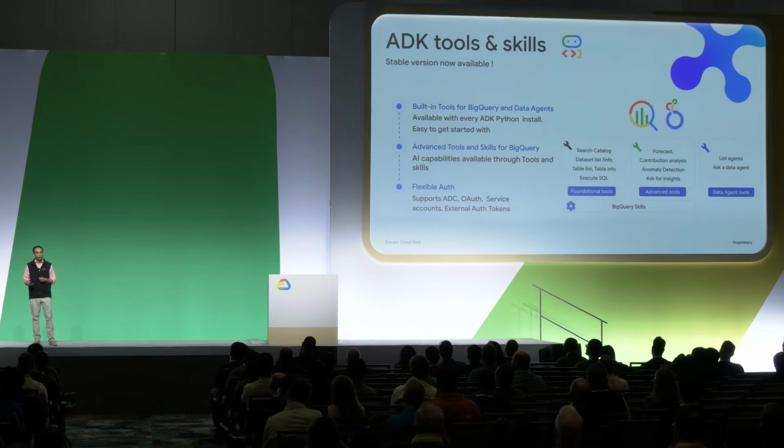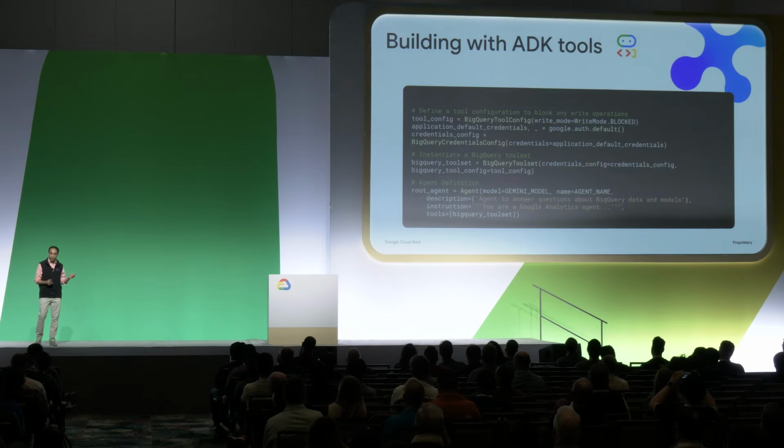We have also recently introduced first-party skills, BigQuery skills, right into ADK. So now your agent can get even more accuracy when building data workflows and working with BigQuery. These tools are now available as a stable version, so we invite you all to build your production agents with us.